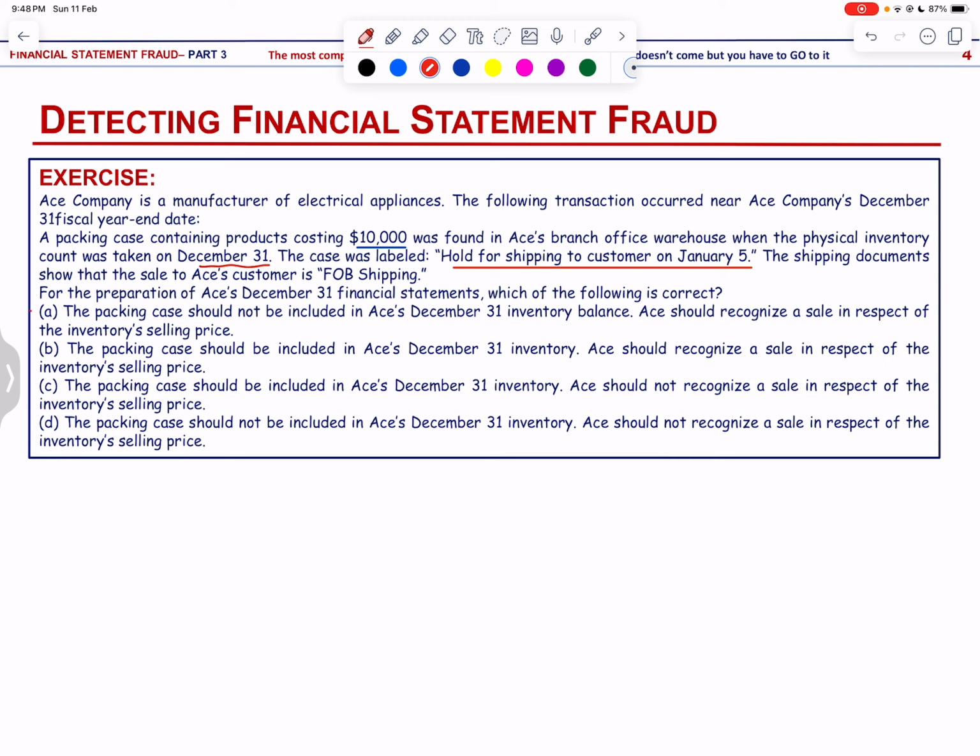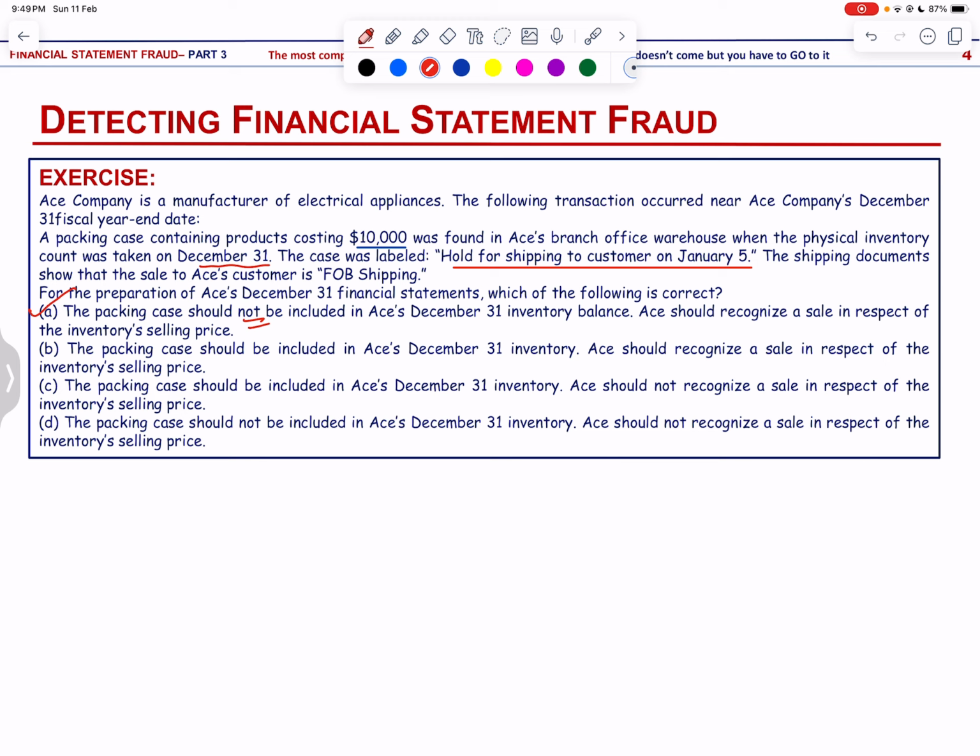A. The packing case should not be included in ACE's December 31st inventory. ACE should recognize a sale in respect of the inventory's selling price. So, option A is incorrect because ACE cannot recognize a sale before 5th of January, the date that is agreed upon for shipping to the customer.